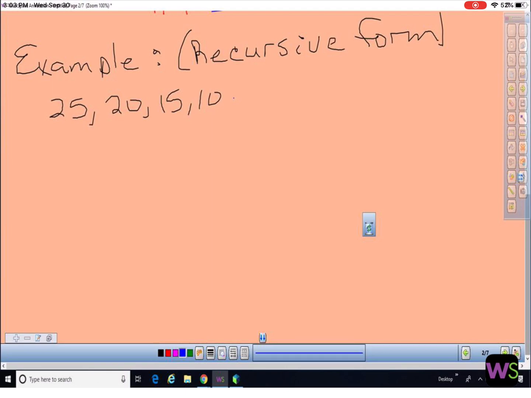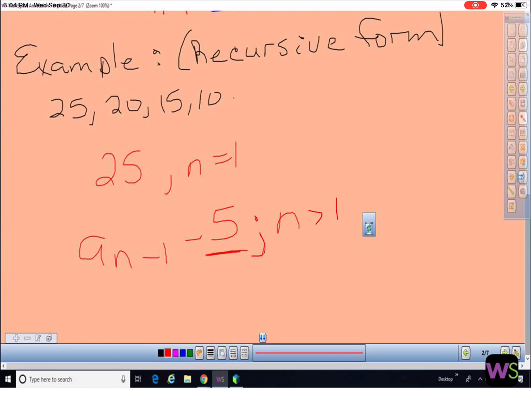If I was writing it out, and they might ask you to do that, you're going to say 25, because that's your first term, your a of n where n is equal to 1. And then you're going to have a of n minus 1, minus 5, where n is greater than 1. So that's how they're going to want you to write it out.